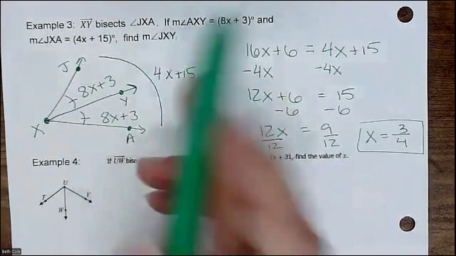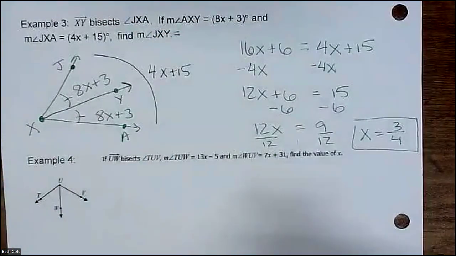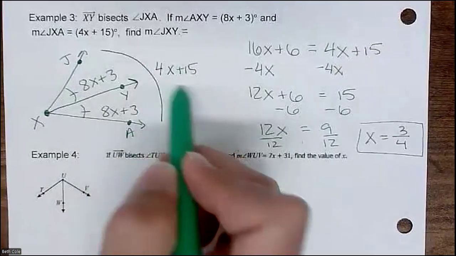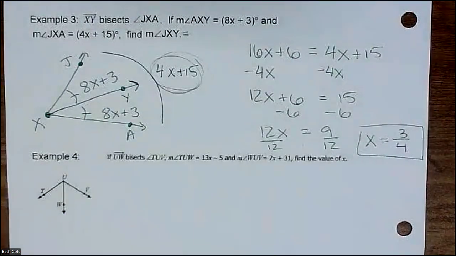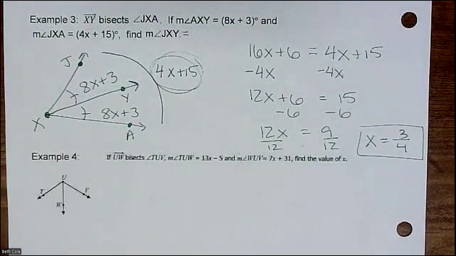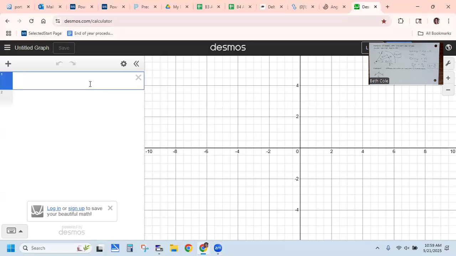Yeah, JXA. I'm just going to write my answer right here because, again, I'm lazy. JXA is the whole thing. That's this one. I'm going to use the calculator for that. I'm just going to take the 3/4 that I got and plug it back in. So it'll look like this. And then plus 50. Did I make a mistake? Oh, did I read it wrong?